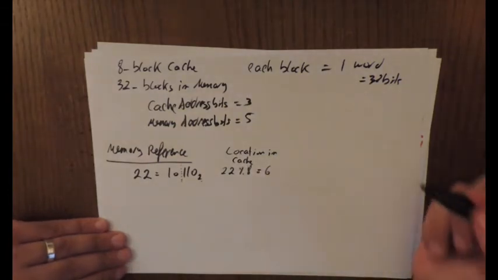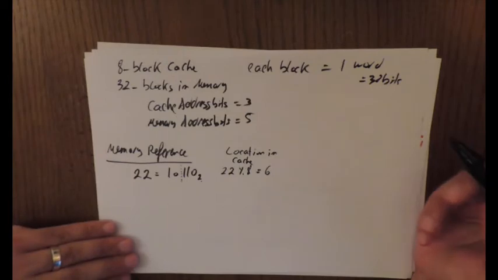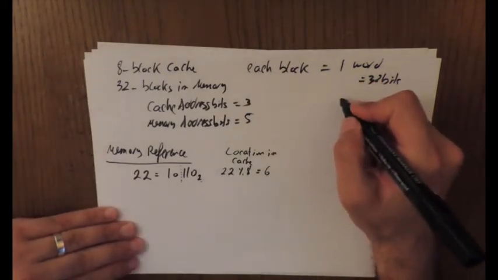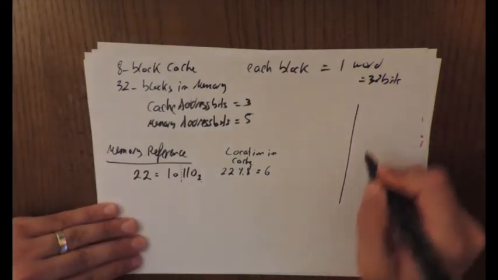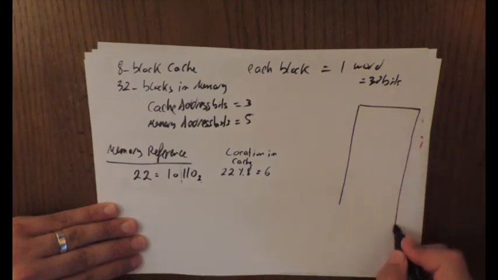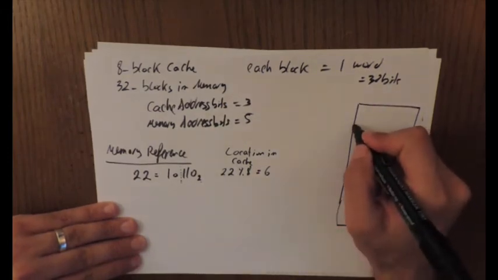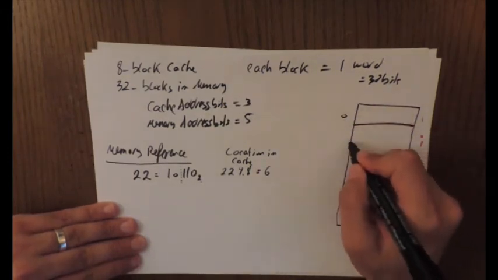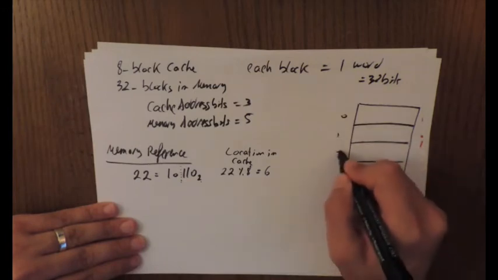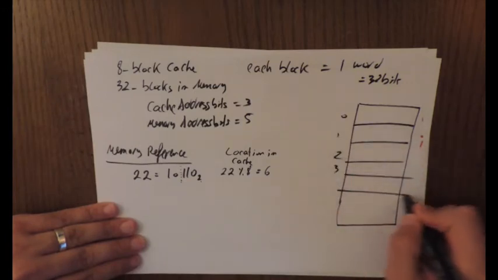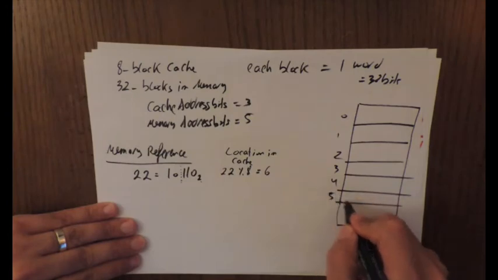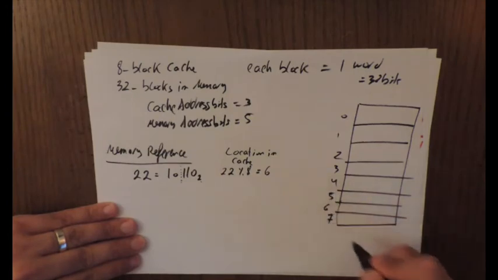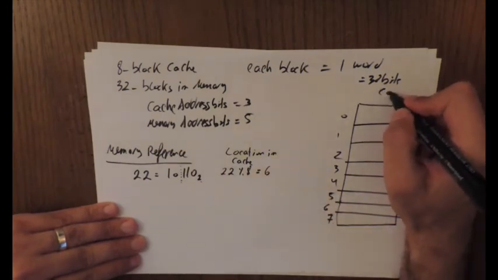So is it going to be a hit or a miss? If I take a look at the cache, I'm gonna draw the cache here. So this is 0, 1, 2, 3, 4, 5, 6, and 7. So this is the cache.